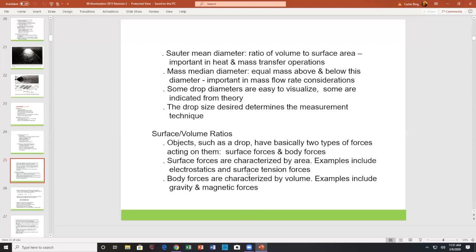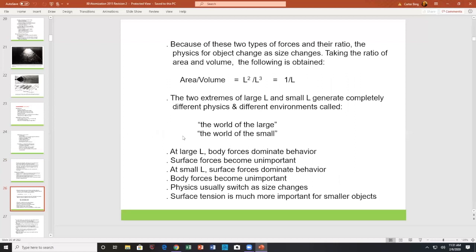Examples, you have electrostatics and surface tension, and electrostatic forces. And volume is dependent upon, say, gravity and magnetic forces. But you ratio those, okay? Length surface to volume ratios. This is extremely important to recognize. Area has one set of physics.